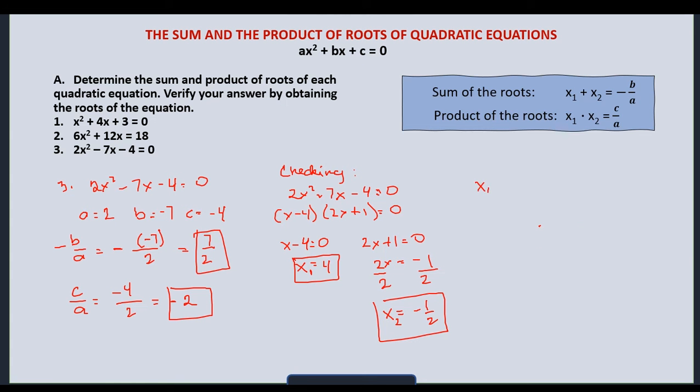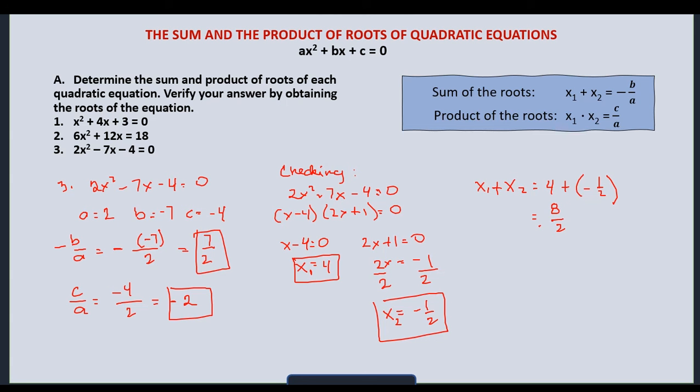X sub 1 plus x sub 2 is equal to, x sub 1 is positive 4 plus negative 1 half. And of course, I have here a whole number and a fraction. So I need to transform my whole number to 8 over 2.